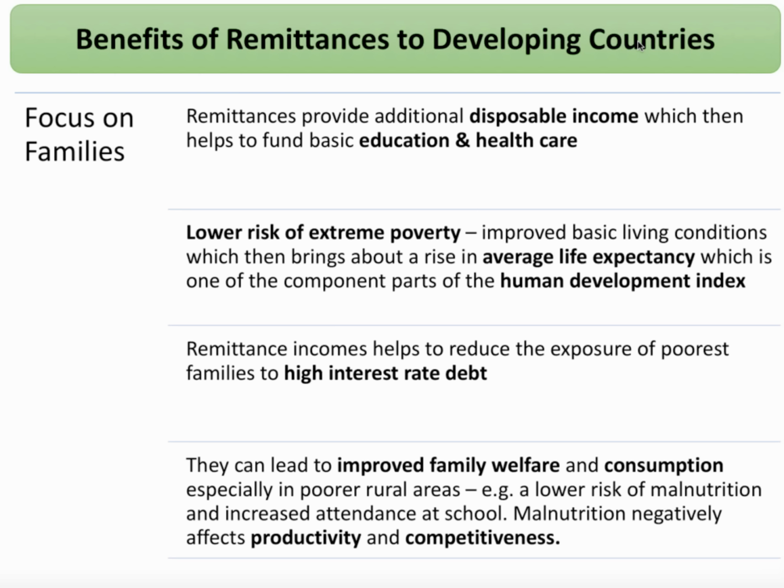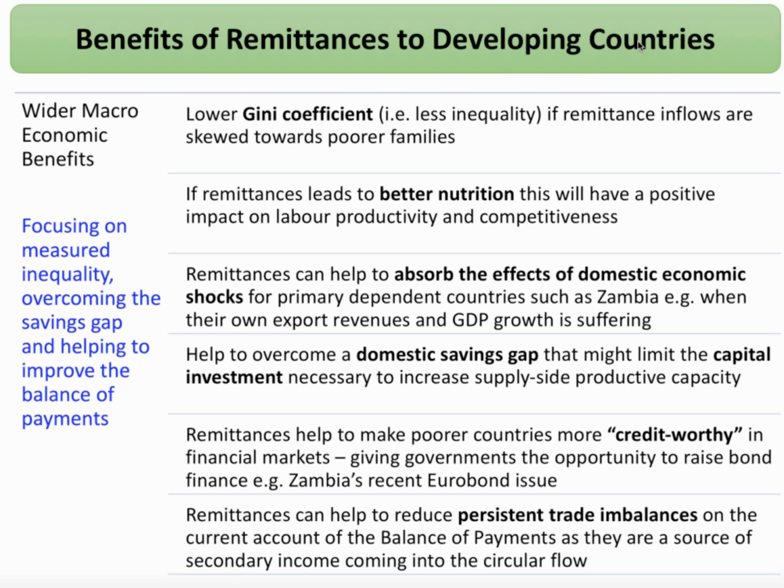What else can we say in terms of the benefits of remittances? Well, we know that Zambia has a very high income inequality level, a high Gini coefficient of 0.575 at latest estimates. So if remittance incomes are skewed more towards poorer families in Zambia, and that's an evaluation word to use, of course, it could help to reduce inequality.